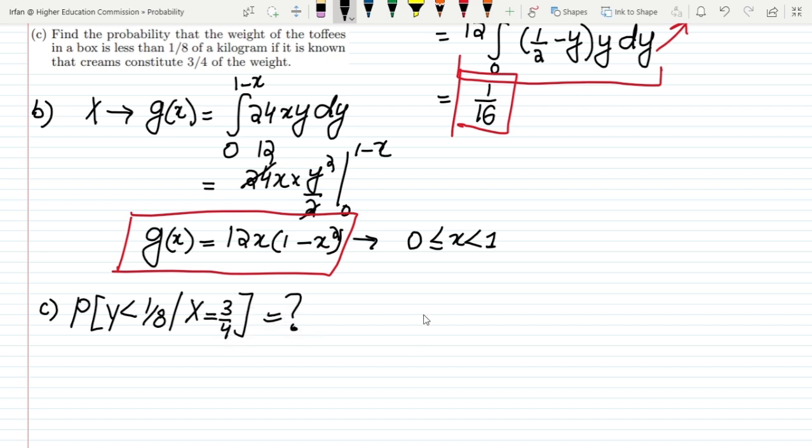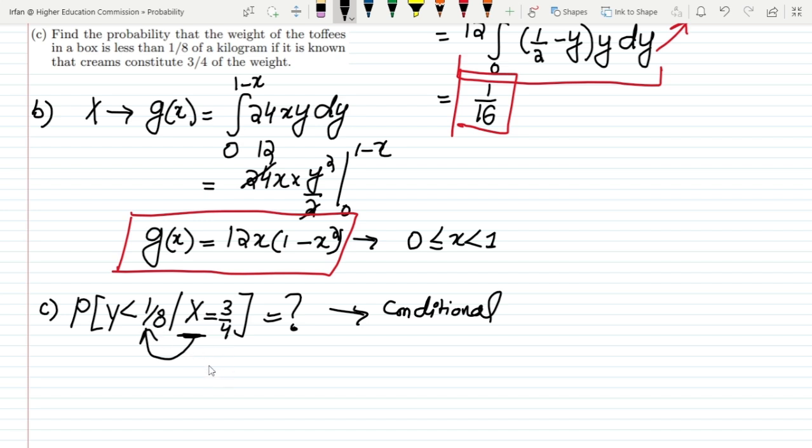We can very clearly see that this is a case of conditional probability, because one probability has been given, and on the basis of it we have to find the probability of another item.